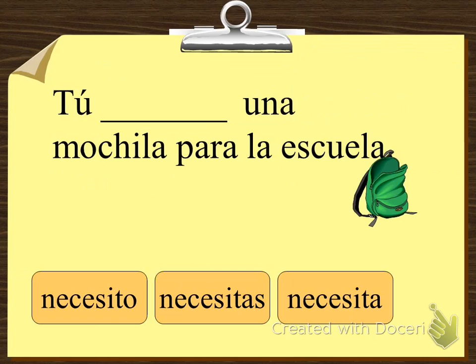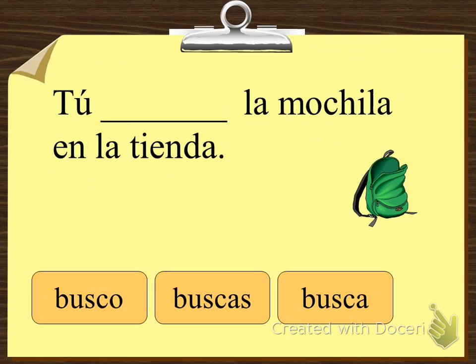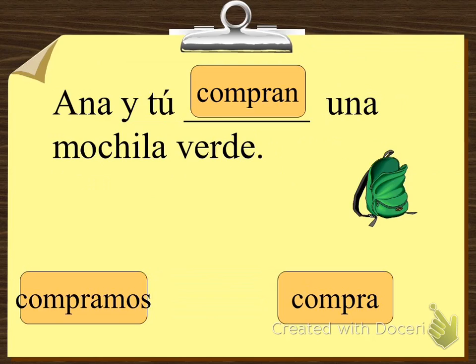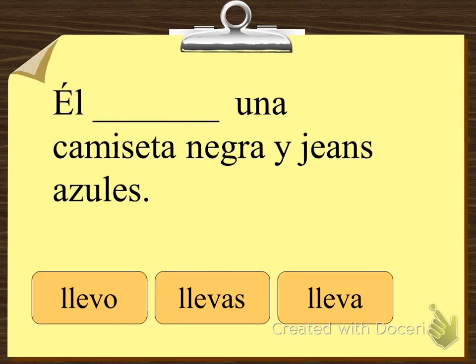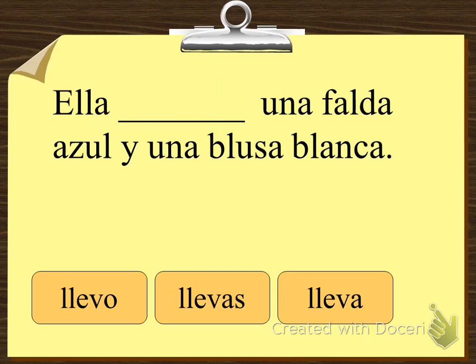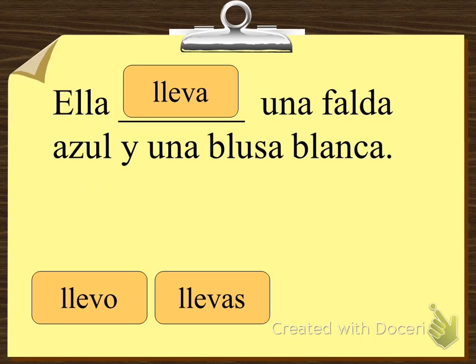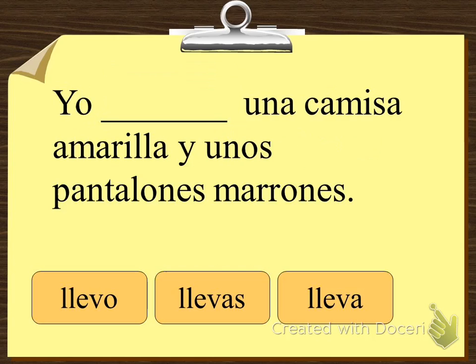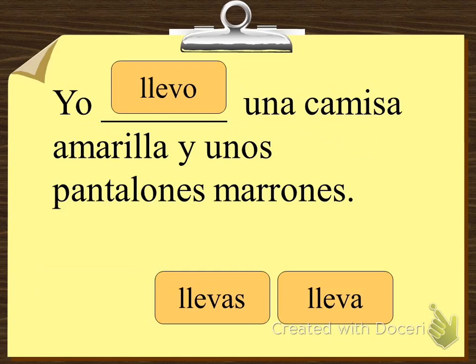Miro. Necesitas. Buscas. Compran. Good. Lleva. Good. Lleva again. Llevas. Good. Llevo.